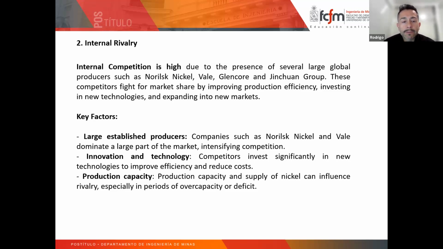Competitors invest significantly in new technologies to improve efficiency and reduce their costs. And finally, the key factor is production capacity: the supply of nickel can influence rivalry, especially in periods of overcapacity or deficit.